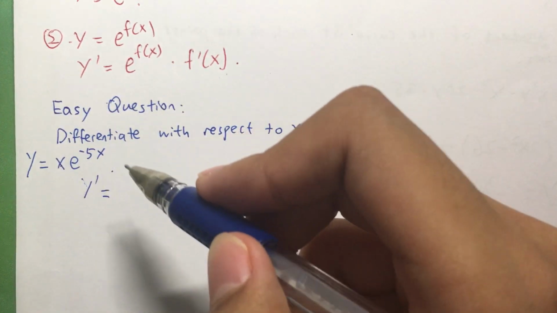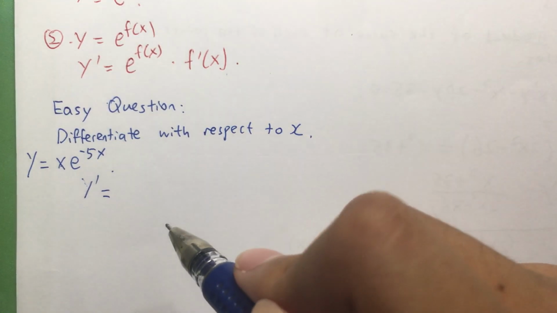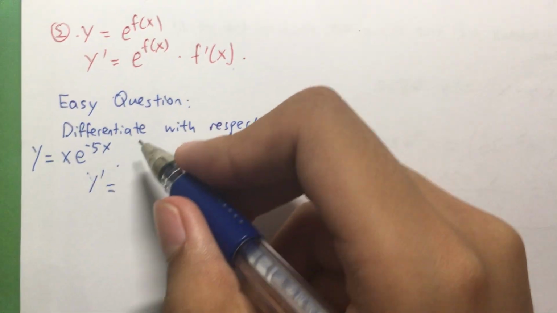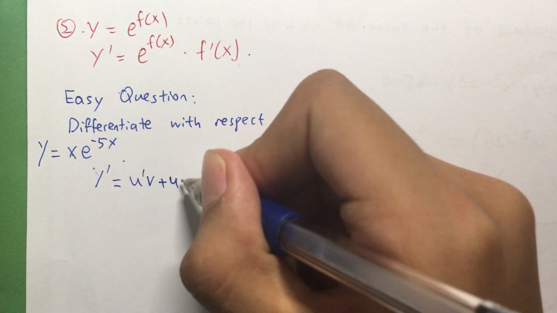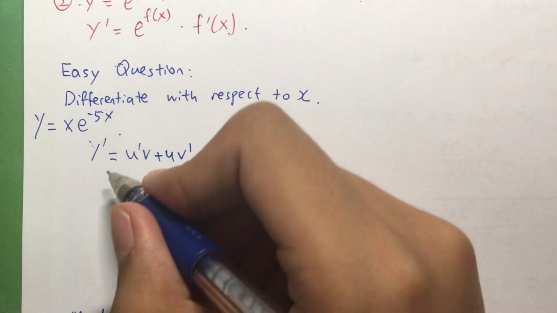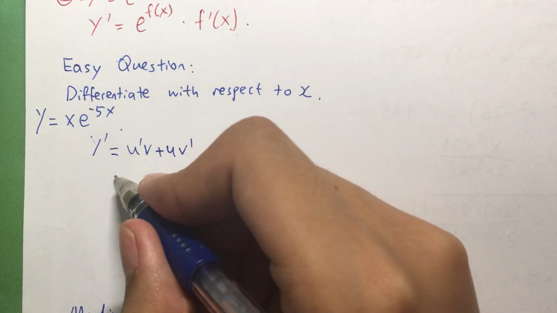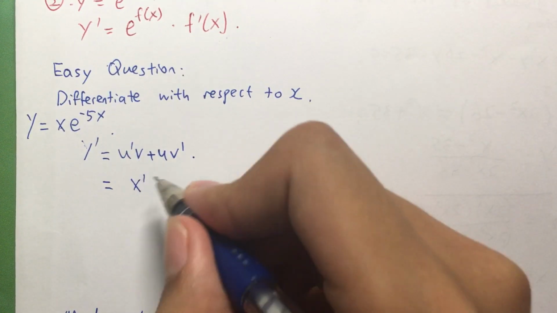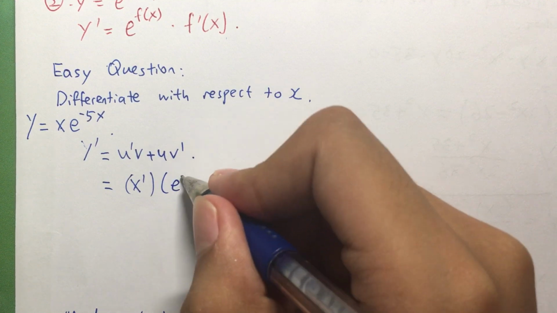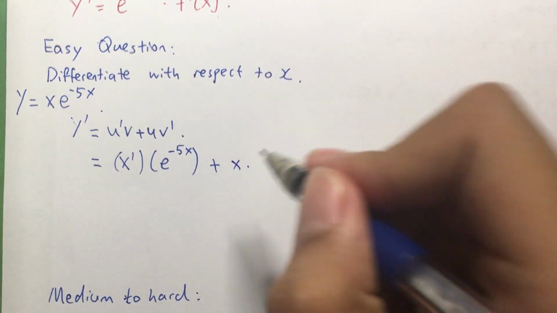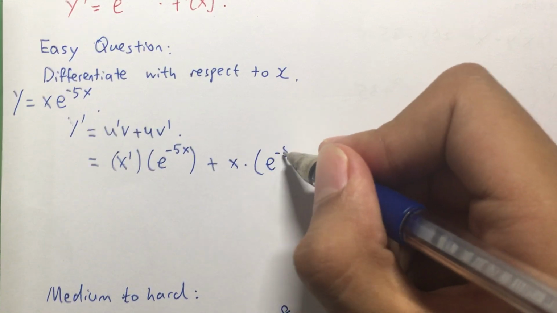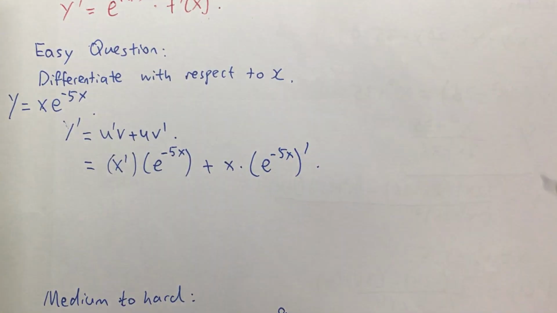Do you remember our product rule, which I talked about two lessons before? The product rule is u dash v plus u v dash. So now let's apply this, which becomes x dash times e to the power of negative 5x plus x times e to the power of negative 5x, dash.